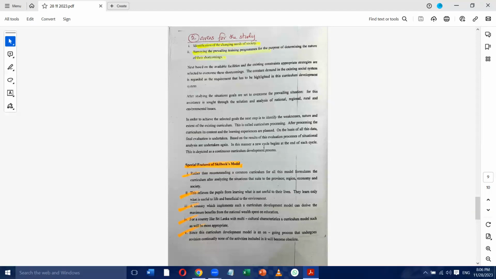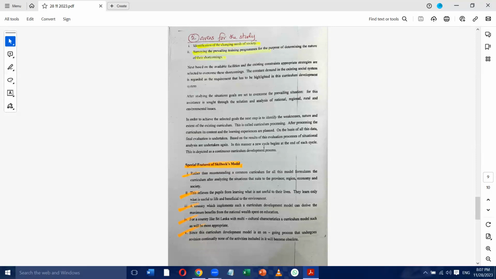In case it is irrelevant to the expectations of the society, millions and billions are spent on it. So what is the ultimate target, or the ultimate harvest? There's nothing, right? It will be just a paper qualification. The student will get only a paper qualification, so there will be no practicability, and the country will get nothing from that. You can see that in our country as well.